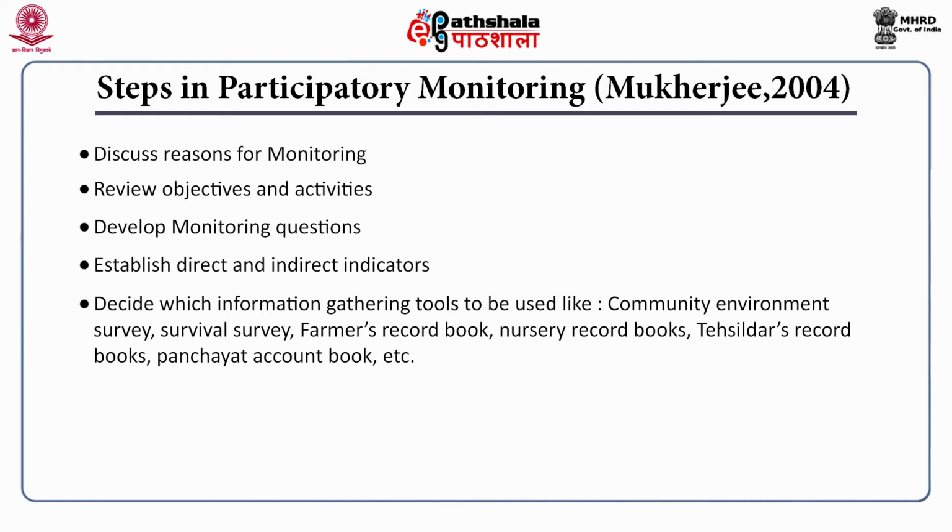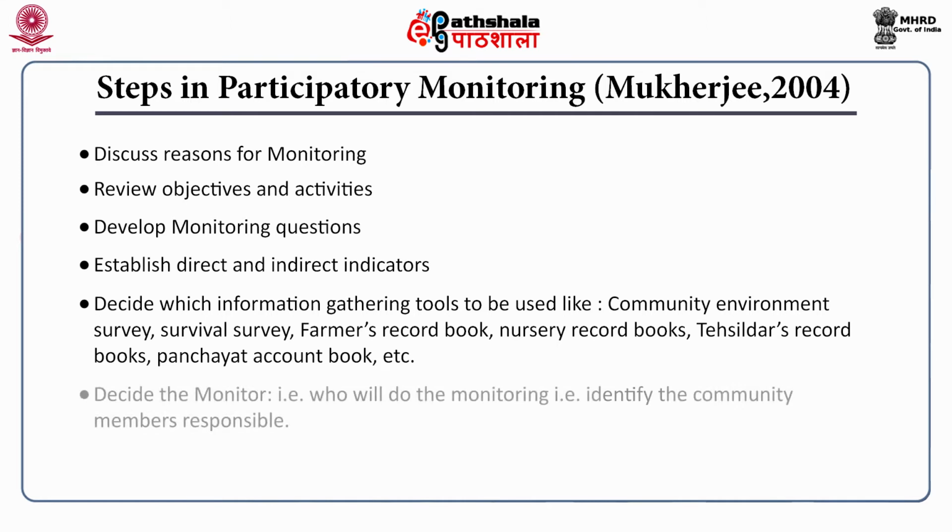For example, community environment survey, survival survey, farmers record book, nursery record book, tehsildars record book, panchayat account book, etc. Decide the monitor, that is, who will do the monitoring, that is, identify the community member responsible. Finally, analyze and present the results.